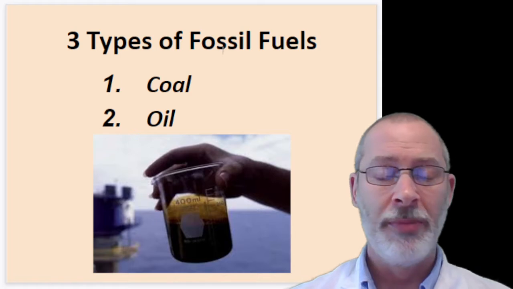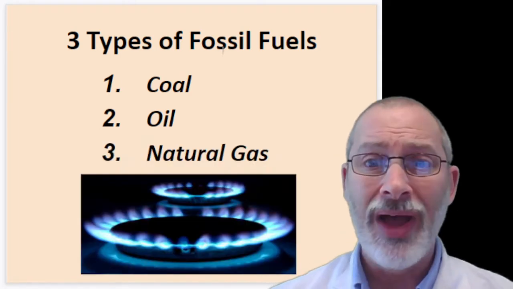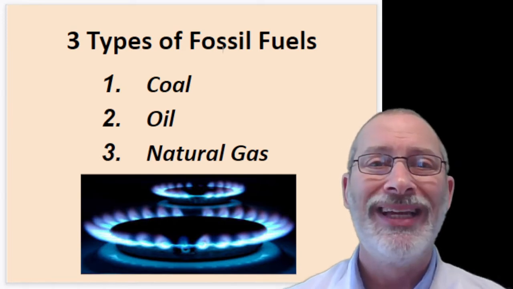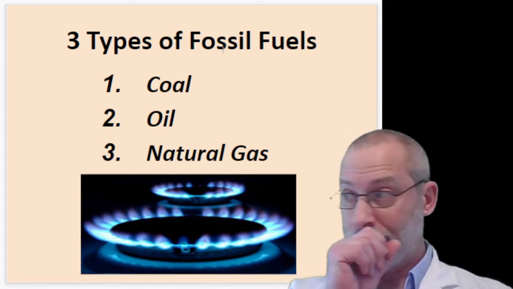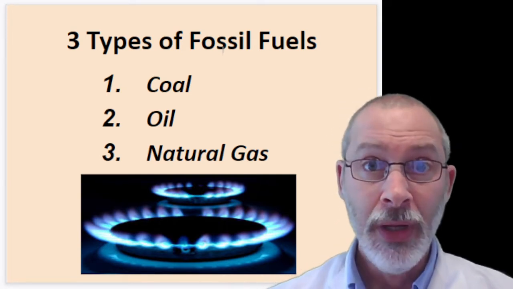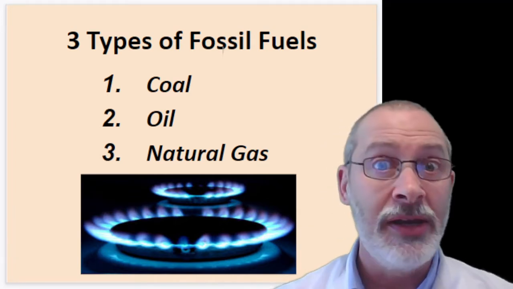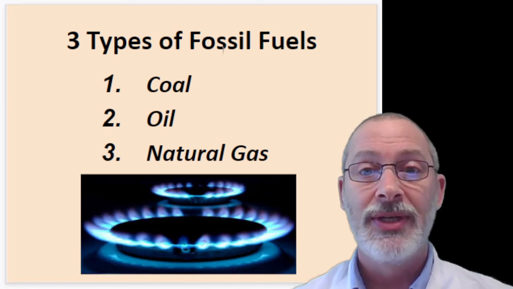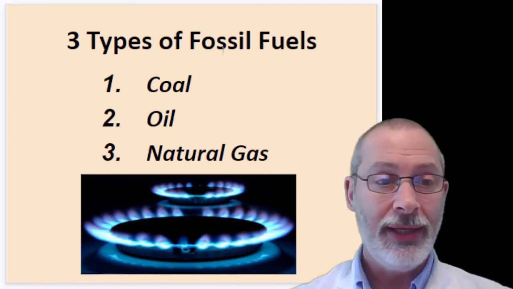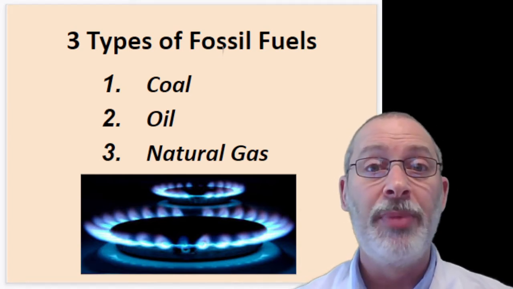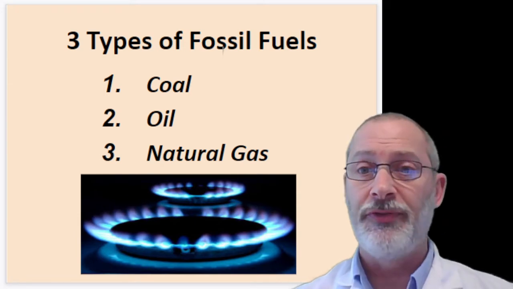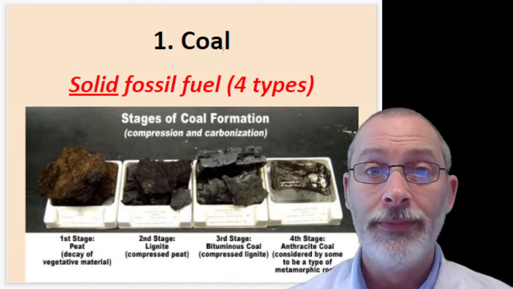We'll be talking more about oil, as well as the third type of fossil fuel called natural gas. Ooh, excuse me. Yes, that type of natural gas and other types as well. So we'll explore natural gas tomorrow, more than likely, because today we're going to spend a bit of time talking more about the first type of fossil fuel, coal.